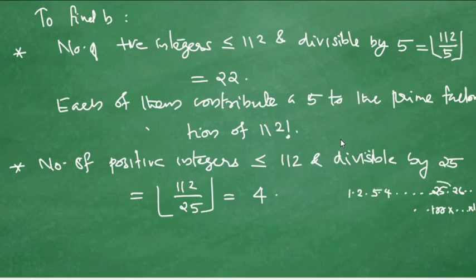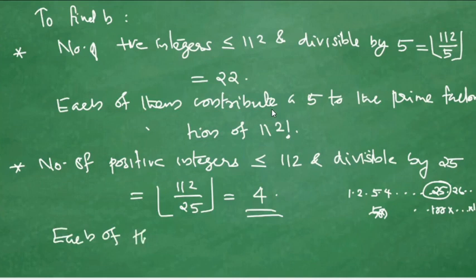So this is equal to 4. Each of them contributes an additional 5, other than that obtained by the numbers divisible by 5, to the prime factorization of 112 factorial.